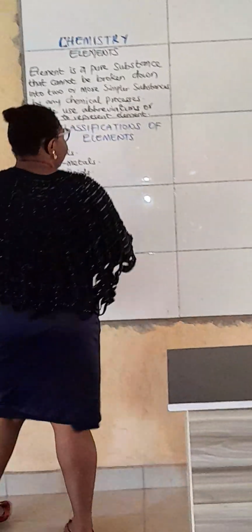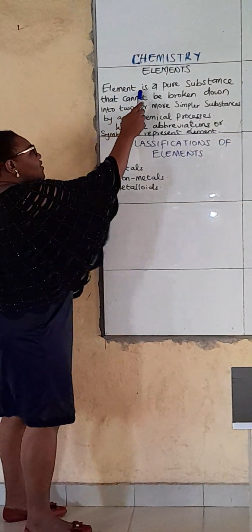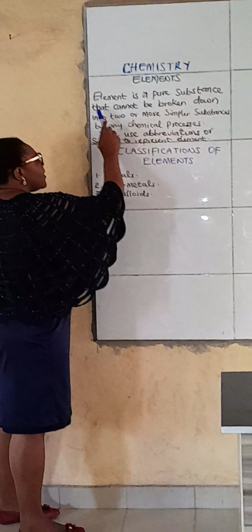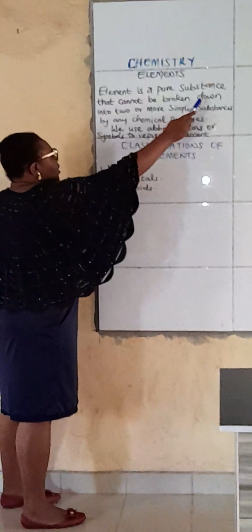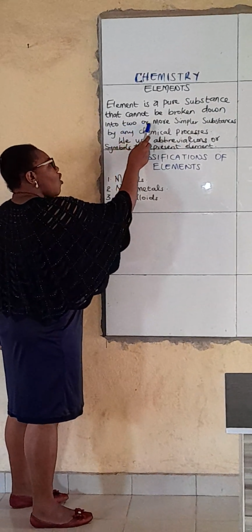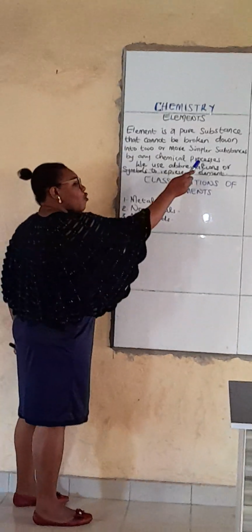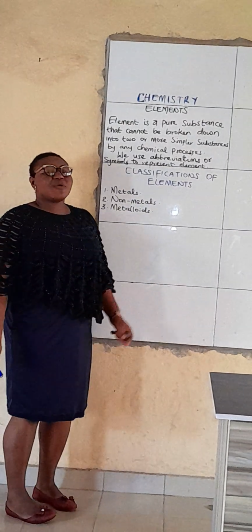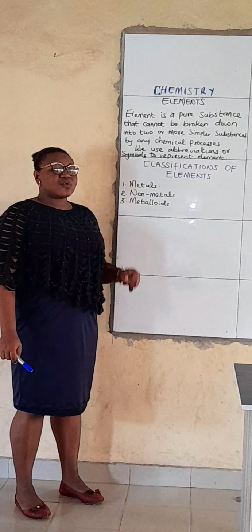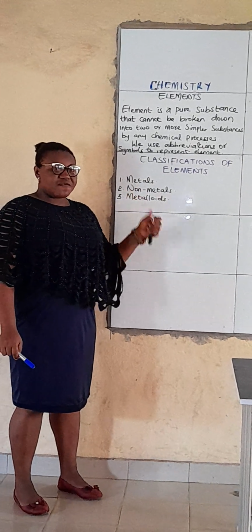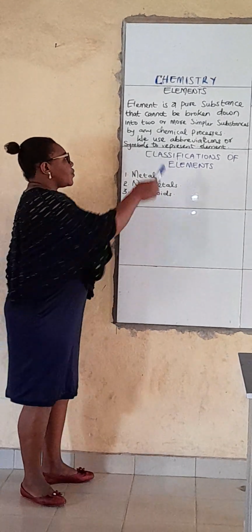What are elements? An element is a pure substance that cannot be broken down into two or more simpler substances by any chemical processes. So I'm going to sing a song with this so that you get to understand the definition very well.